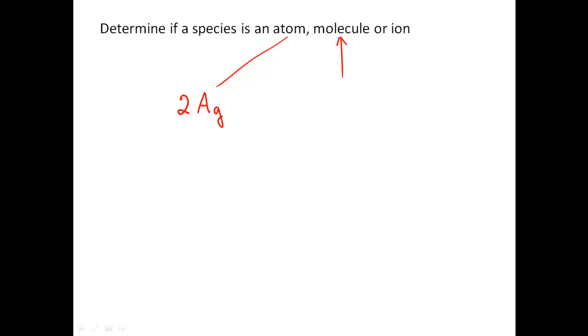Molecules are fastened together by bonds. And so sometimes we may see a molecule of hydrogen indicating there are 2 atoms of hydrogen and that there's a bond between those 2 atoms of hydrogen. Or maybe we see H2O indicating that this has an oxygen and 2 hydrogens, and that there are bonds between those atoms.